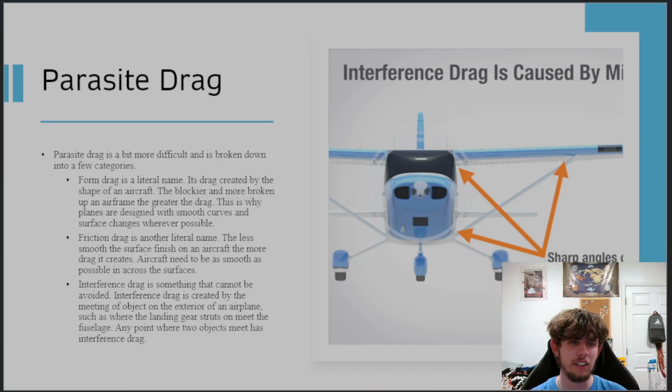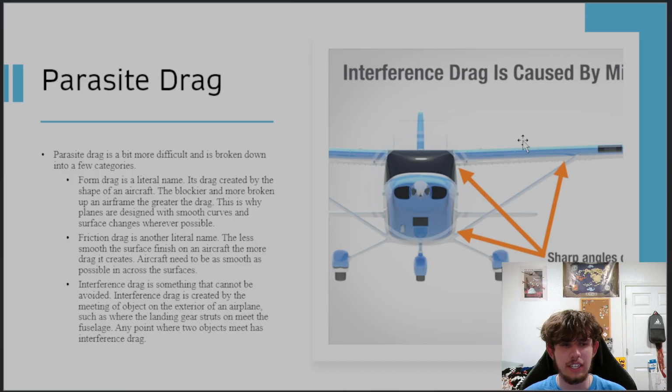The blockier an aircraft is, the more sharp edges and things that wind has to impact with, the more drag that section creates, which is why aircraft designers use things like wheel pants and fairings to cover where parts meet and make smoother transitions between the top of the airframe and the underside of the wing, or the top of the cabin and the underside of the wing, just to try and reduce this form drag.